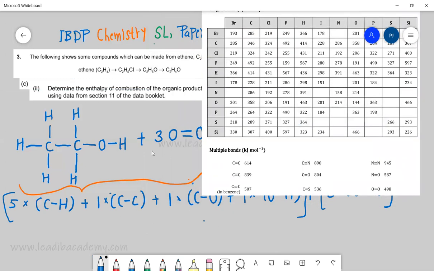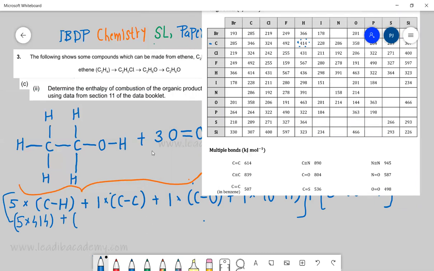So can we see the single bond between carbon and hydrogen? So carbon and hydrogen, that is 414. So let me put it 5 multiplied by 414.